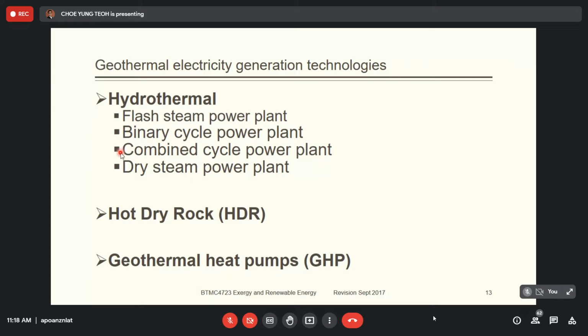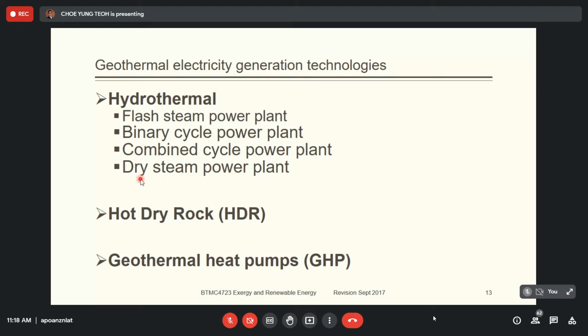The third one, combined cycle, has similar temperature to flash steam, but it has high pressure, so that you can use it for a secondary cycle.